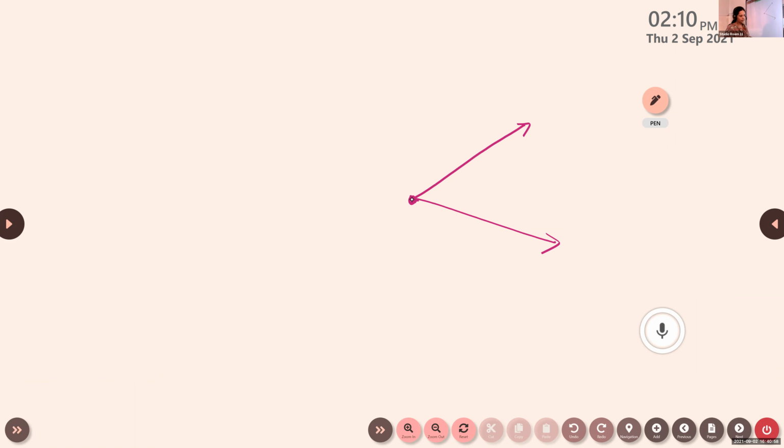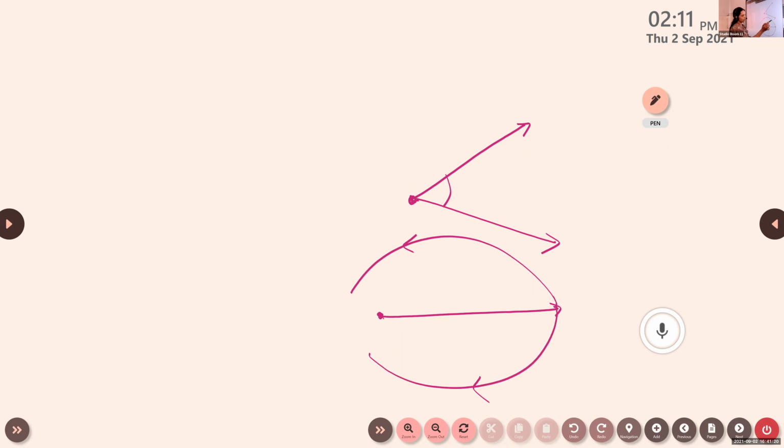Suppose you are given an initial ray, an initial side. We are going to rotate this ray. We can rotate it in this way as well as like this. If we rotate this way, we call it anti-clockwise.